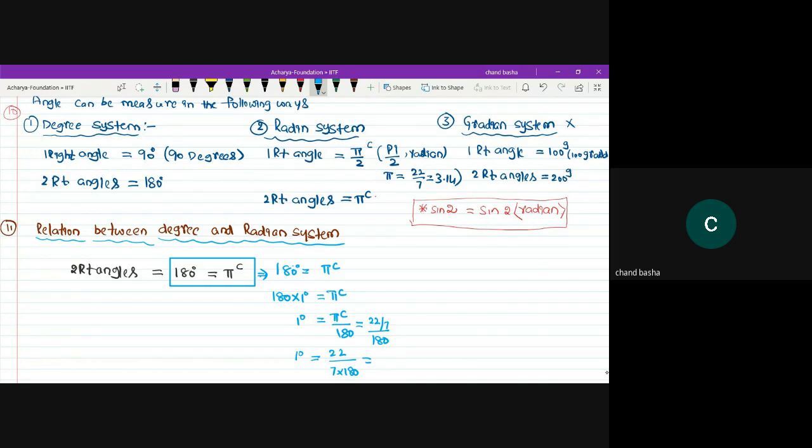This is the approximate value of 1 degree in terms of radian. See that, as I said, when the units are not given to you, then it should be in the radian system. So I can say that 1 degree is equal to 0.001745 radian. If you want, you can use your calculator.